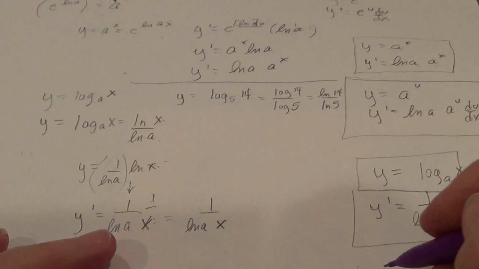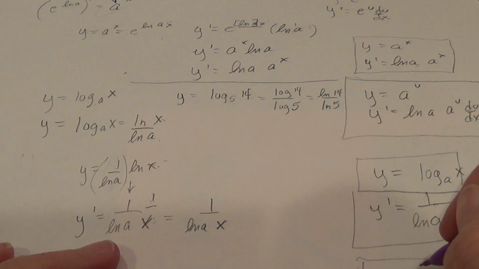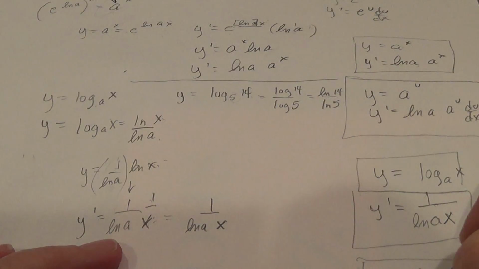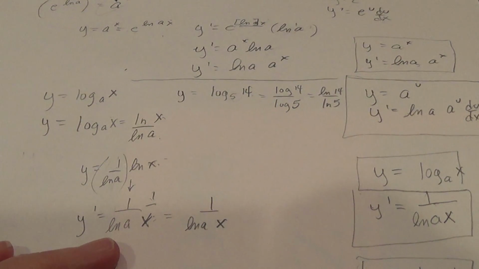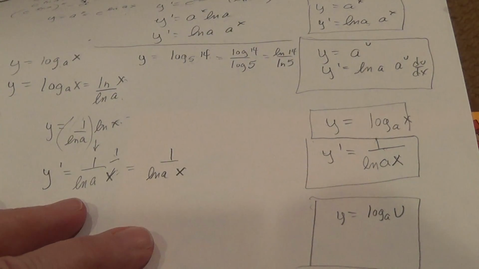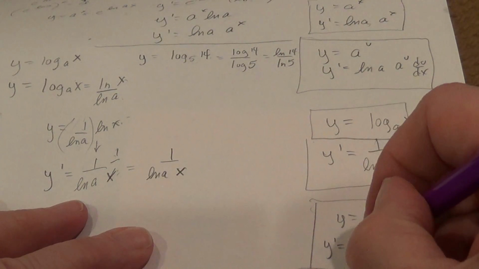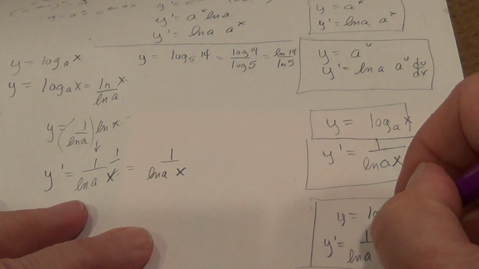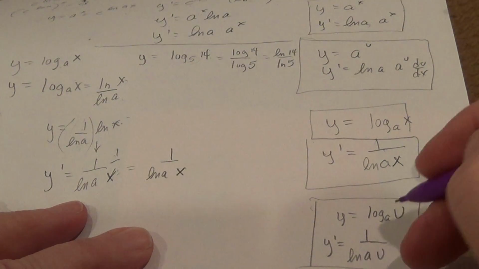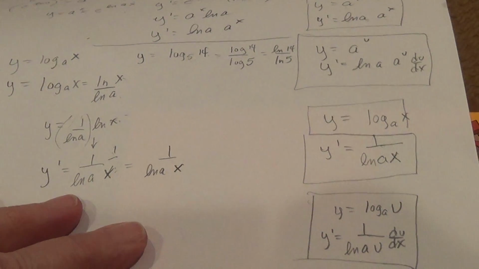And then the second, we can generalize by saying y equals log to the base a of u, an expression in x. It's going to be similar: y prime equals 1 over ln of a times 1 over u, followed by the chain rule derivative, du dx.